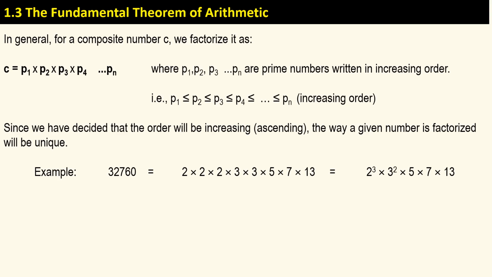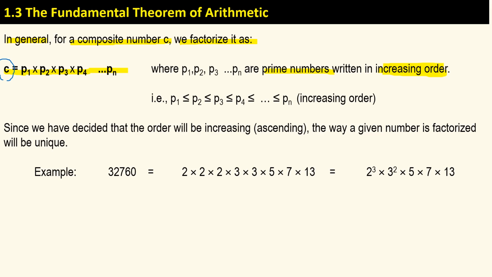There is one more point that we should remember when we talk about the fundamental theorem of arithmetic. In general, for a composite number c, we factorize it as c is equal to p1 into p2 into p3 into p4 and up to pn, where p1, p2, p3 up to pn are the prime numbers which are written in increasing order.